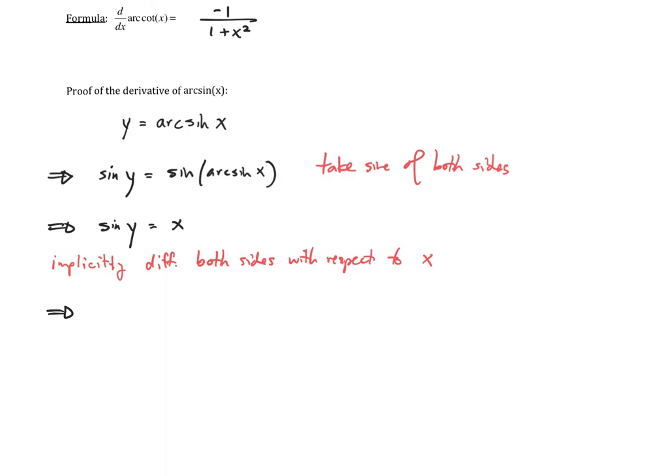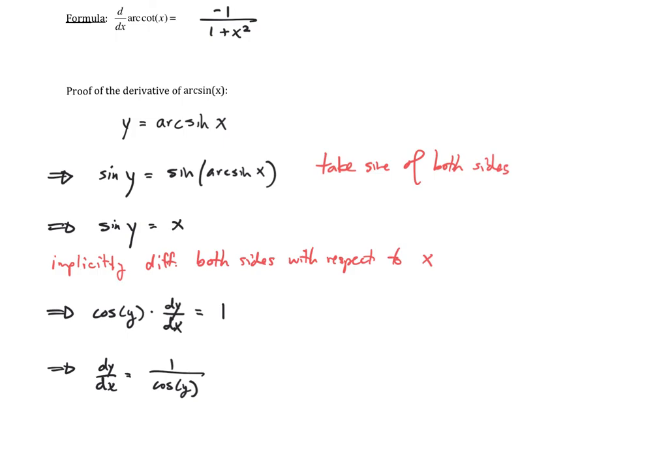So the derivative of the outside function sine is just cosine. You keep the inside thing, which is the y, and you multiply by the derivative of the inside. So the derivative of y is just dy dx. When you differentiate the right-hand side, the derivative of x is just 1. So when we simplify this down, we get dy dx is equal to 1 over cosine of y, like this.